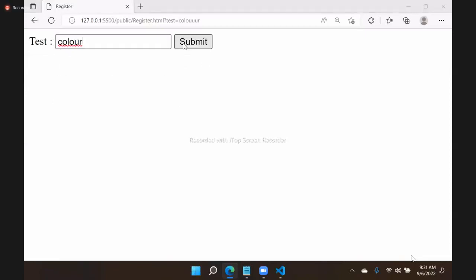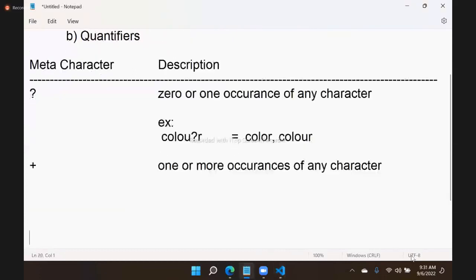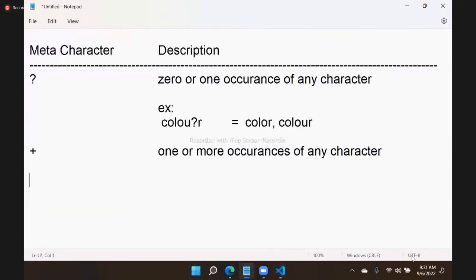That is the point about plus. So you can define like this. Suppose I write COLOU plus R. That means it will allow COLOUR like this. COLOU can be many times. Like this we can define.